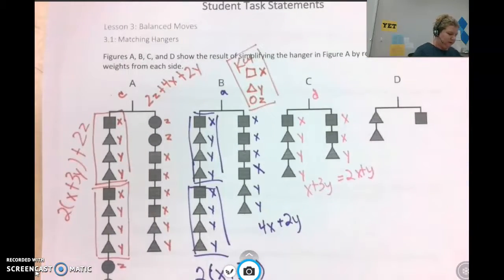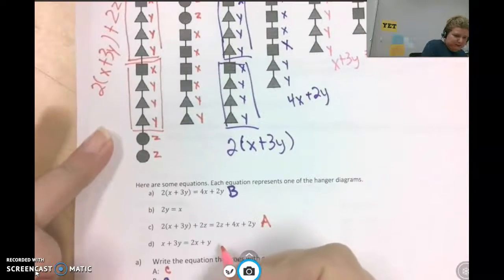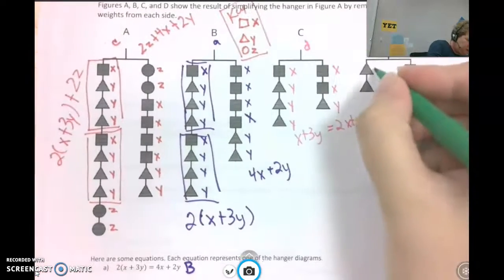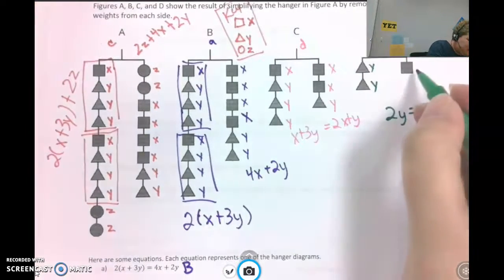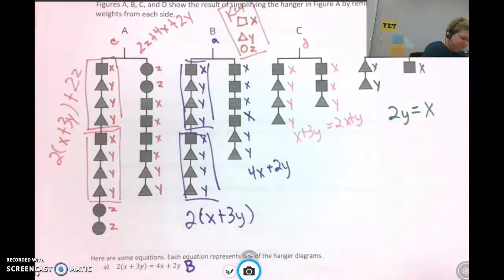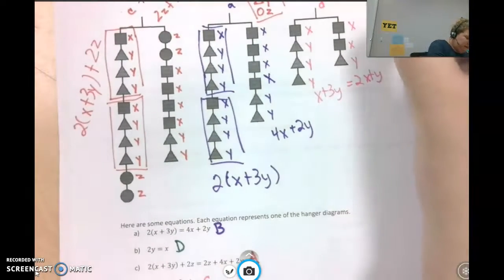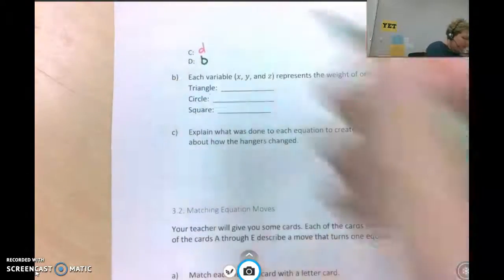And that's capital C here. One more to do. The triangles were Y, Y, so 2 Y's equals X, which is little b. So I'll go here and put a little b.